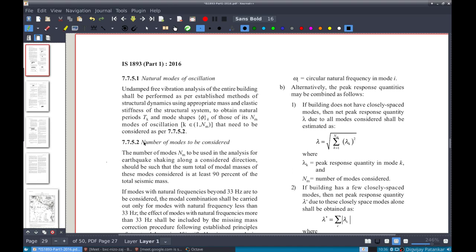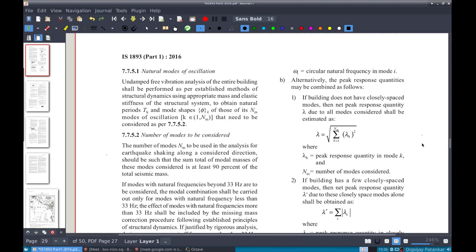So this part is done. Now, number of modes to be considered. What does this code tell me about the number of modes to be considered?